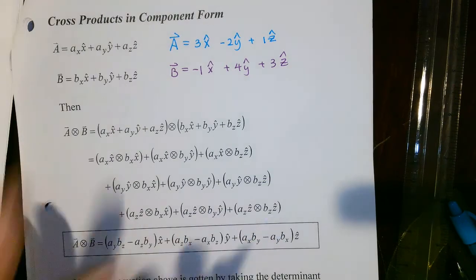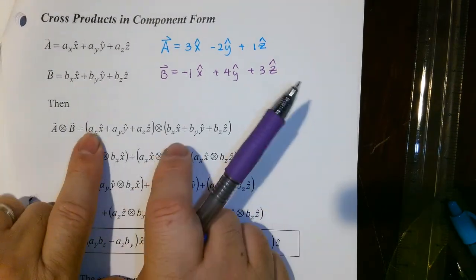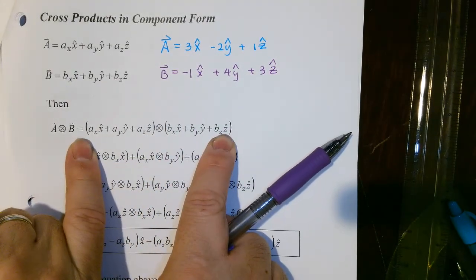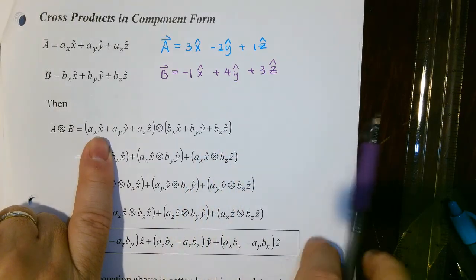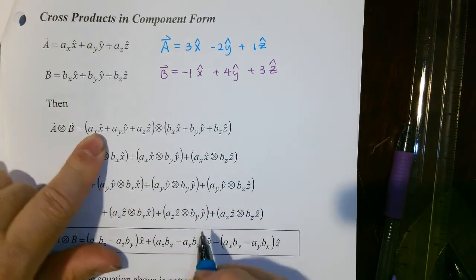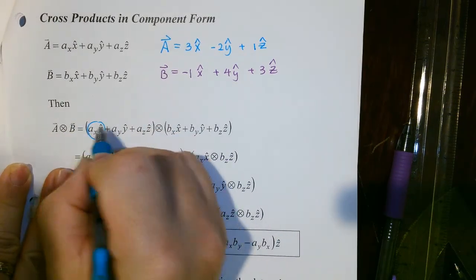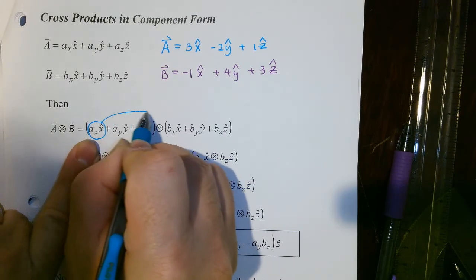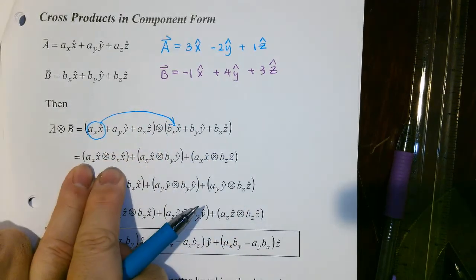So here, to find just the cross product itself, when I cross A cross B, right, you have to triple FOIL this, just like what we did for dot product. However, when I cross A_x, right, cross B_x, this is what I get.